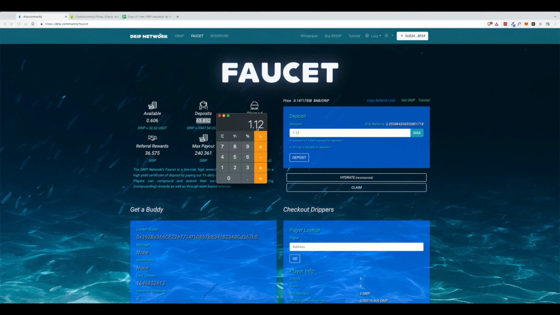So if we were to take our calculator and say, we're going to deposit 1.12 DRIP tokens today, we are going to get charged a 10% tax, which is 0.112. So let's go ahead and take the 1.12 and subtract that 0.112 tax that we're going to get on this deposit. We are left with 1.008, and that is plenty that you need to get started with DRIP.